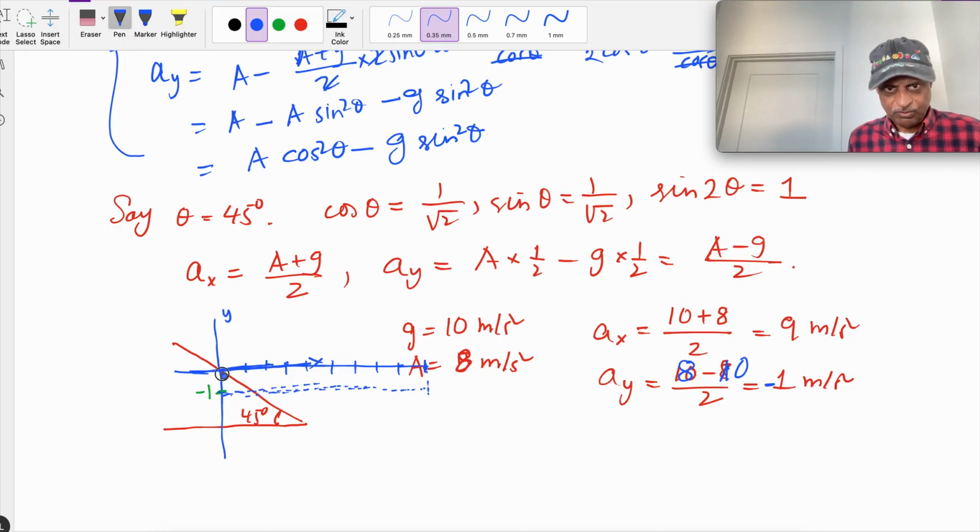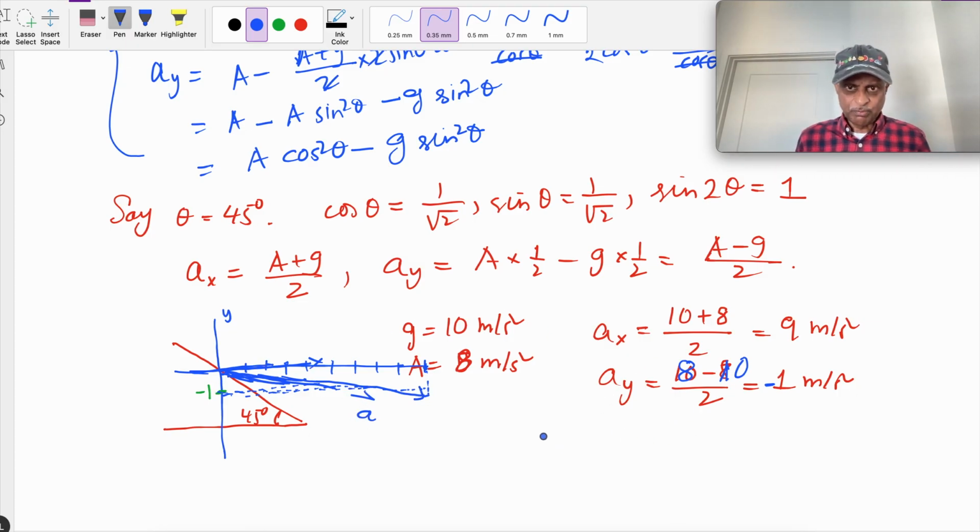So the acceleration will be in that direction. Okay, so the actual acceleration will be in that direction.